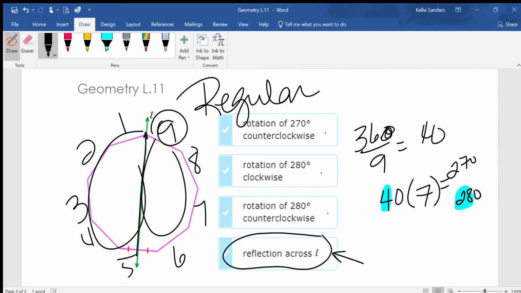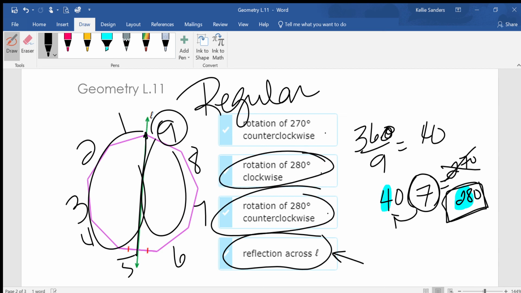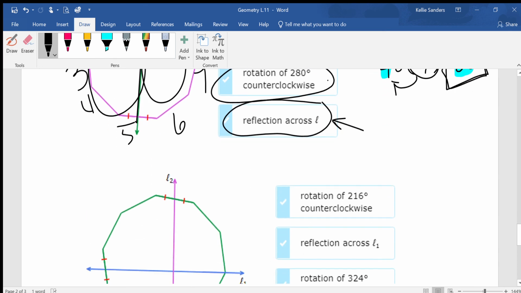Yes. 7. I cannot multiply 4 by anything to get 27, so that's out. So what this is saying is, if I rotated it 7 times at 40 degrees, that would be 280, and I would be getting the same figure as what we started off with. So clockwise and counterclockwise doesn't matter.